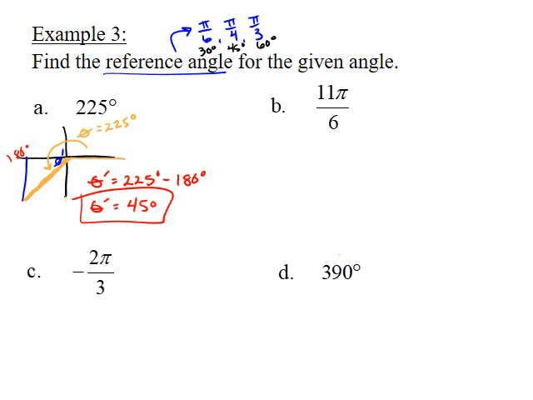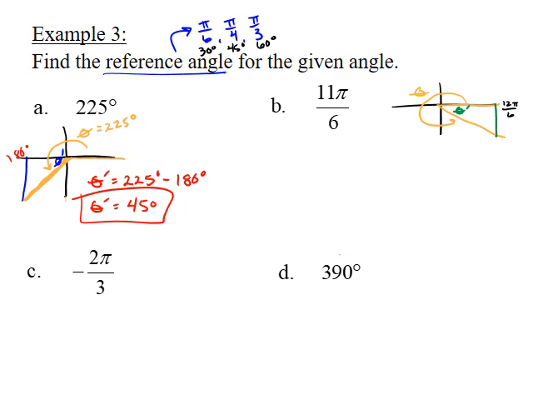All right, let's take a look at the next example. 11 pi over 6 is not quite 12 pi over 6. So when I make a revolution, I'm going to end up in the fourth quadrant here. This is theta, so I'll drop a perpendicular. The acute angle is our reference angle, and we'll label it theta prime.